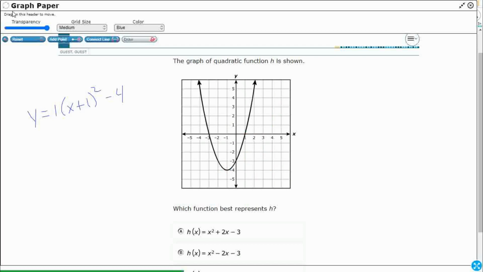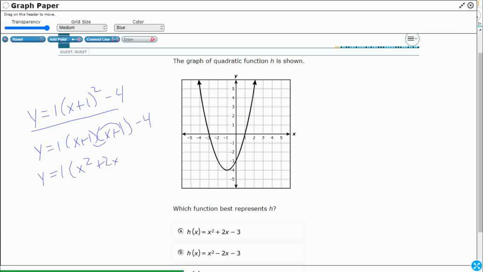So now that we know a, here's what we need to FOIL out. Let's say y equals 1 times x plus 1 squared minus 4. Obviously that 1's not going to do anything, but we'll keep it there. This is going to be x squared plus 1x plus 1x, so that's going to be plus 2x.